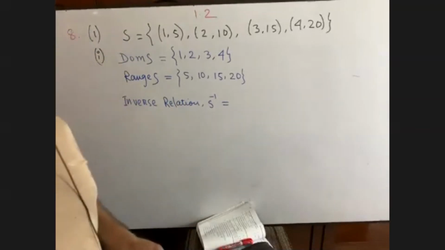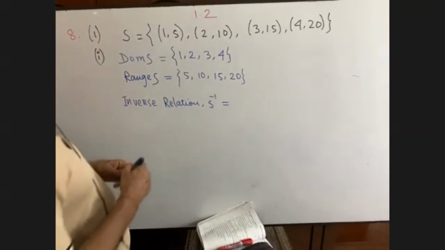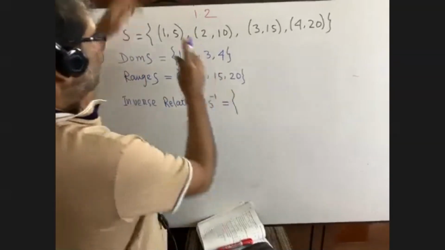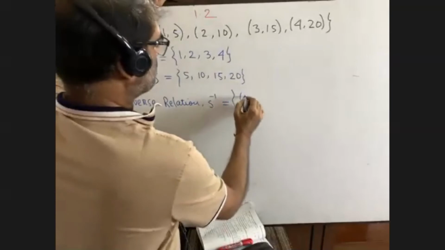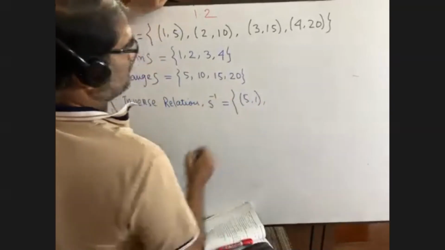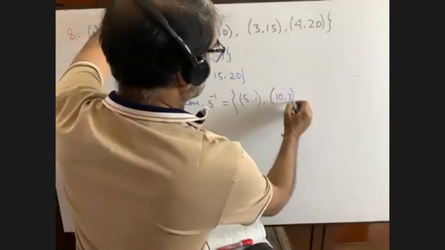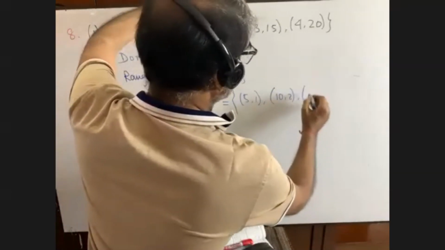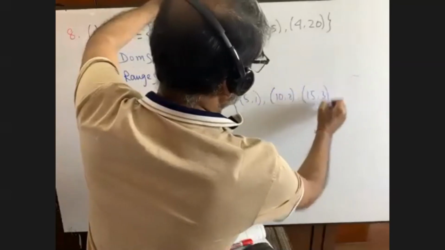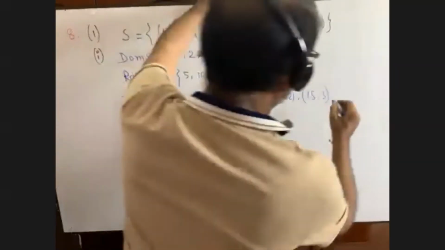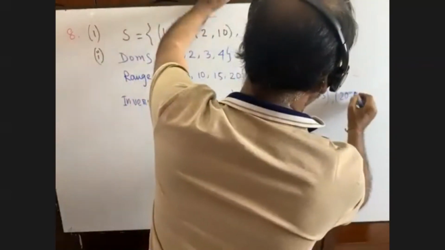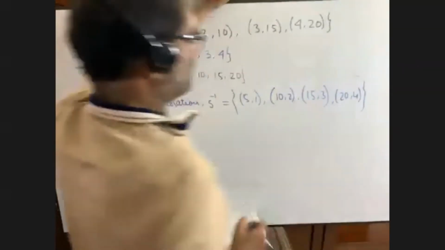Domain will be range, range will be domain. You see, it is 1, 5, then it will be 5, 1. It is 2, 10, it will be 10, 2. It is 3, 15, it will be 15, 3. It is 4, 20, now it will be 20, 4. This is called inverse relation.